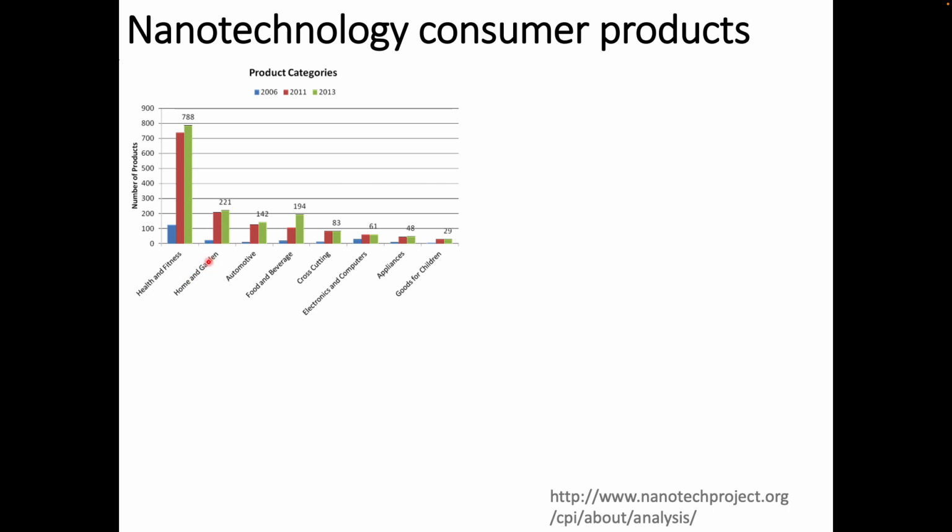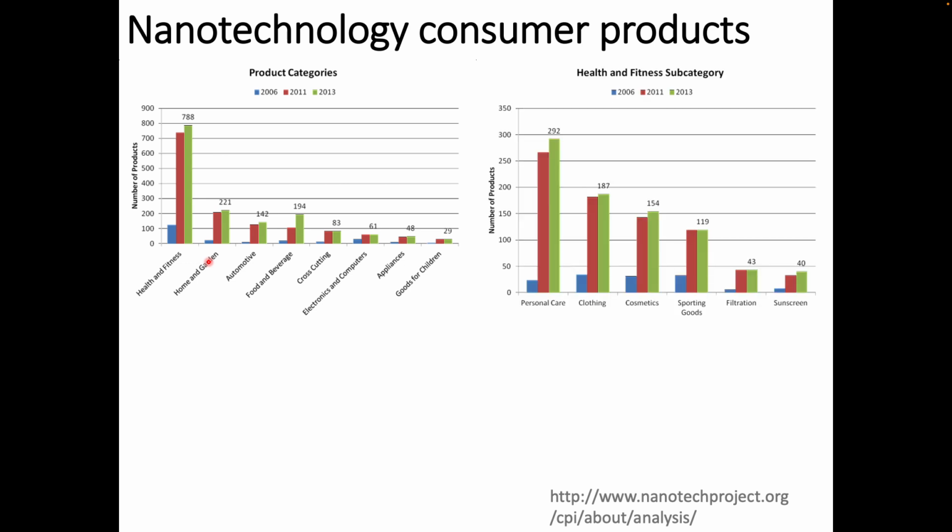Basically, over time, nanotechnology enabled more products. Okay, introduce more products. And if you look at just health and fitness itself, if we create subcategories: personal care, clothing, cosmetics, sporting goods, filtration, sunscreen, over time, the more products are using nanotechnology, okay?